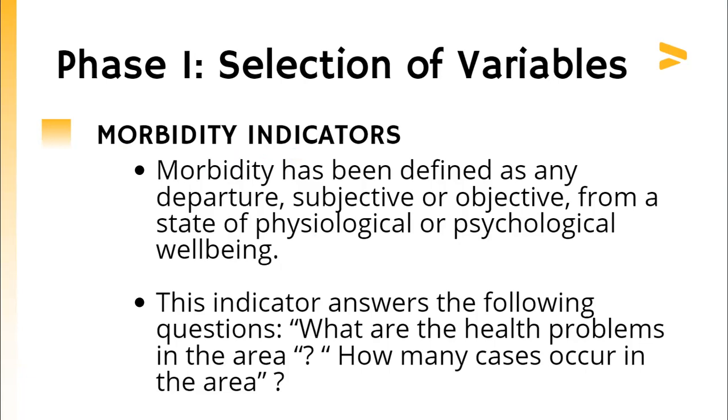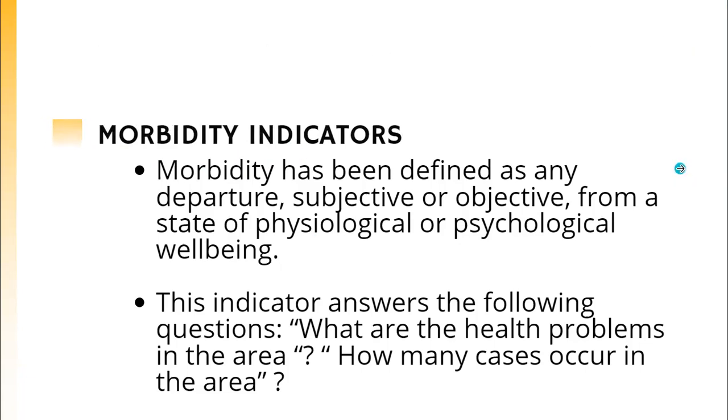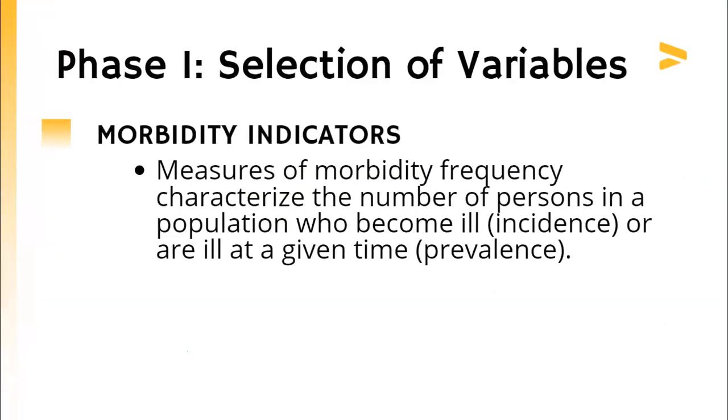It also measures the number of persons in a particular population who became ill or are ill at a given time. That's why it is termed a measure of sickness, because we count the number of people who are ill at that particular time.